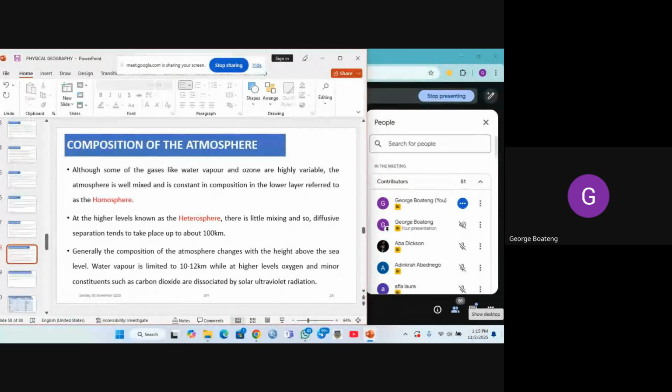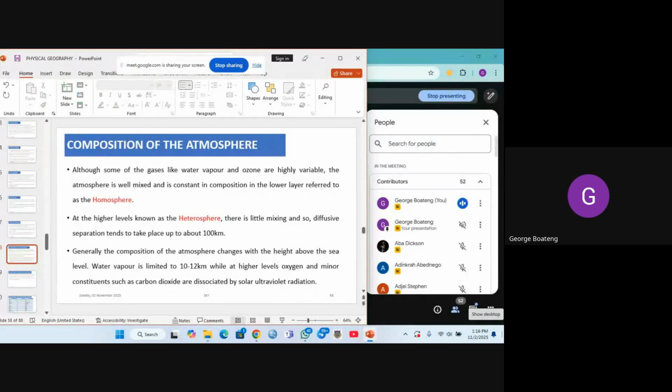So where we have a mixture of constant gases in the lower portion of the atmosphere is called homosphere. And the higher limits, where gases tend to be going down, where there's a little missing, and where there's diffusive separation, that place is what we call heterosphere.